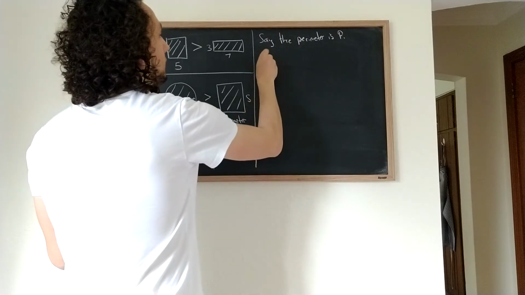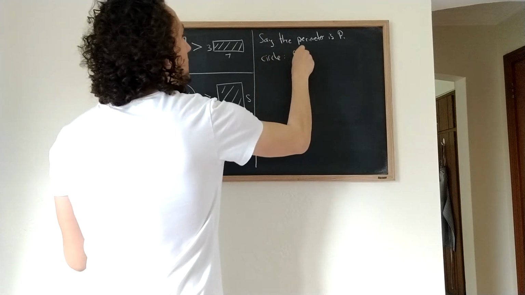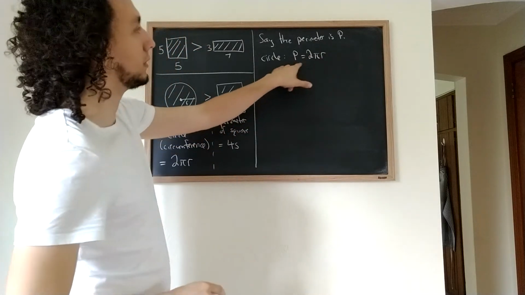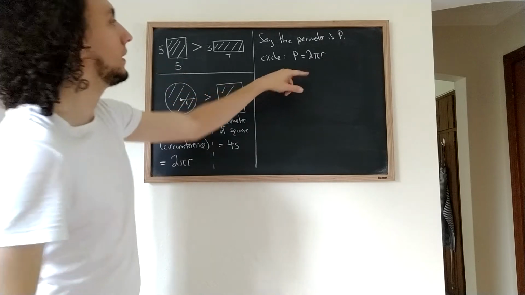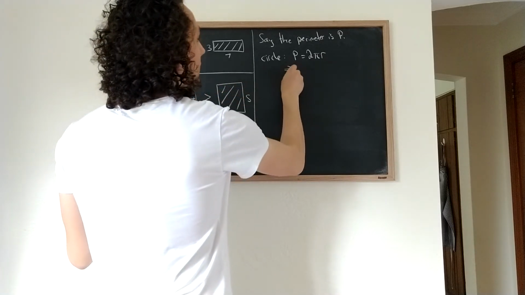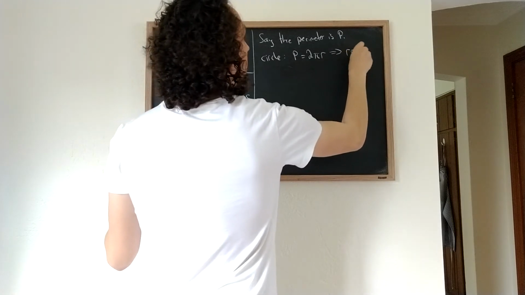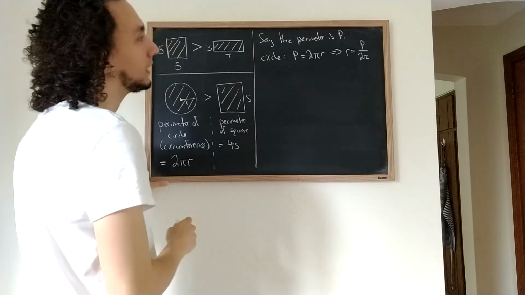So in the case of a circle, we know that p equals 2 pi r. We've used this length p that we have to make a circle. And so that implies that the radius of the circle must be p divided by 2 pi.